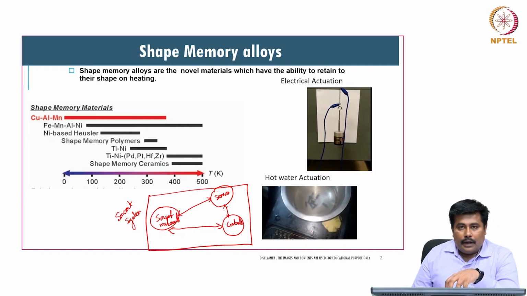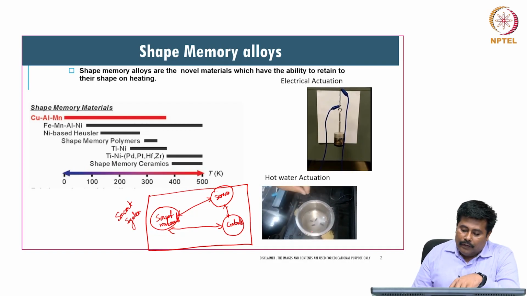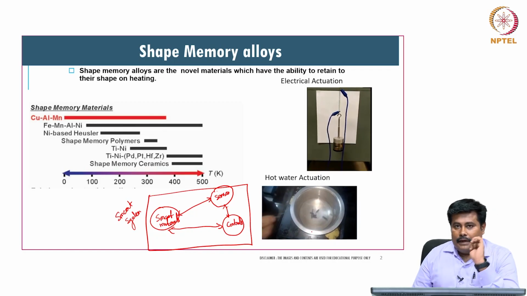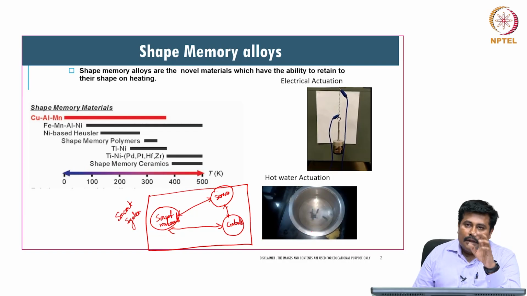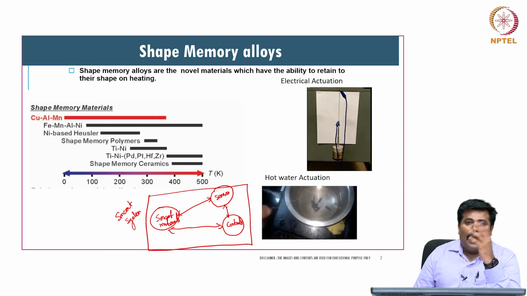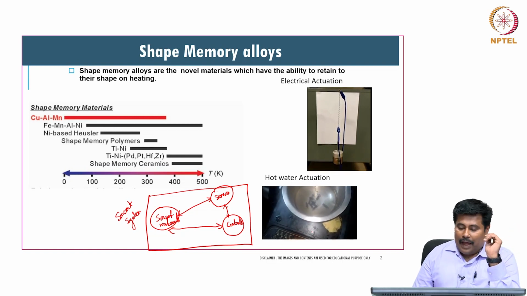So whenever we develop such smart material based structures, we may need to integrate them well with sensors and controllers. However, there are certain cases where the smart material itself can act as a sensor as well as an actuator.